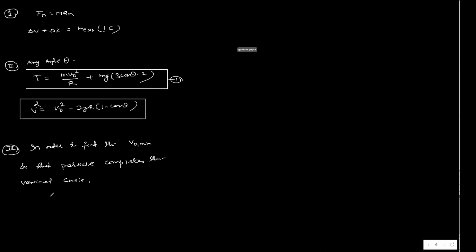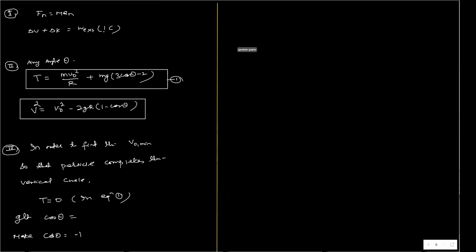First make T equal to 0 in equation 1, get cos theta as something, and then make cos theta as -1, because +1 is not possible. I showed you, because v naught square would be negative, and v naught square cannot be negative. So make cos theta as -1.